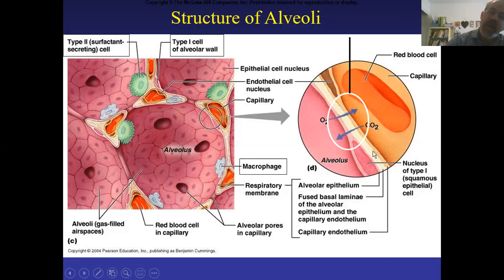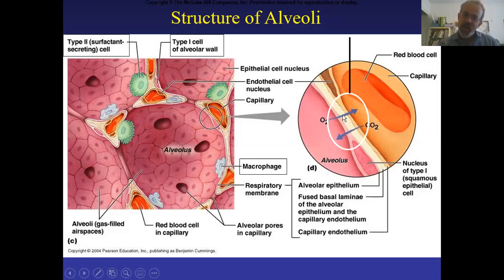This is a very thin surface. Like I mentioned, you want a thin surface for rapid diffusion. And that thin surface consists really of three parts. We have the alveolar epithelium, or the simple squamous cell. We have the capillary epithelium, which is sometimes called endothelium, but two very thin cells.